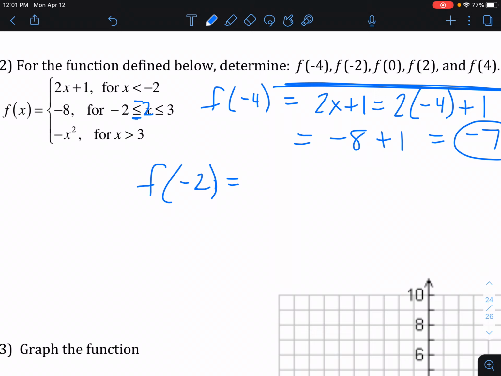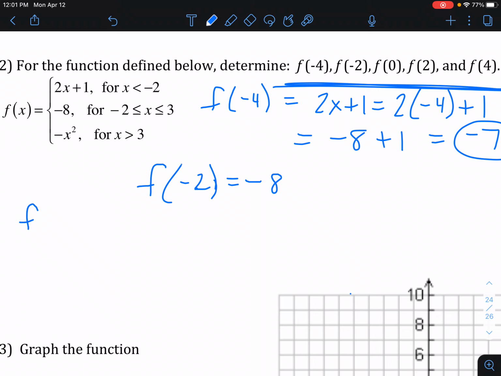They are equal. The second one is saying to choose it for the x values that are in between negative 2 inclusive and 3 inclusive. So that means there's my output. I'm putting negative 8. There's no x with the negative 8, so you literally just put negative 8 as the output.